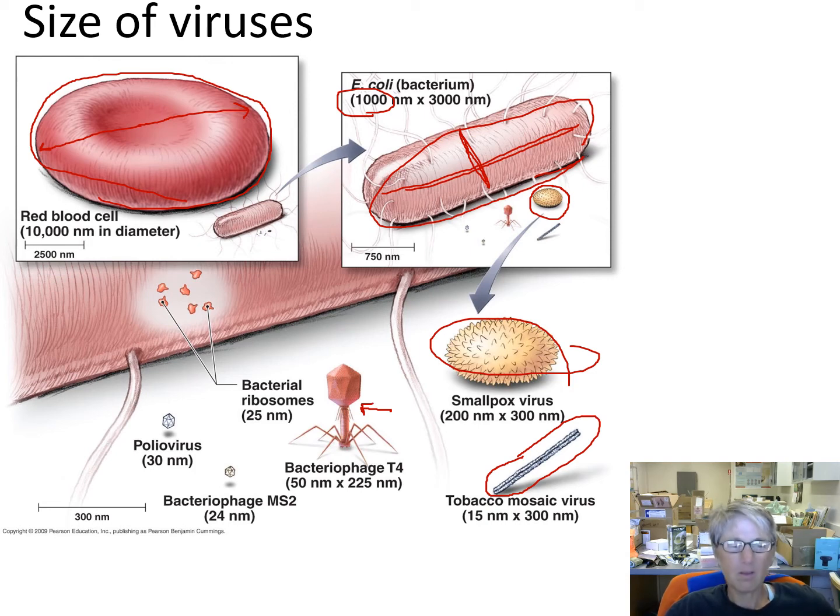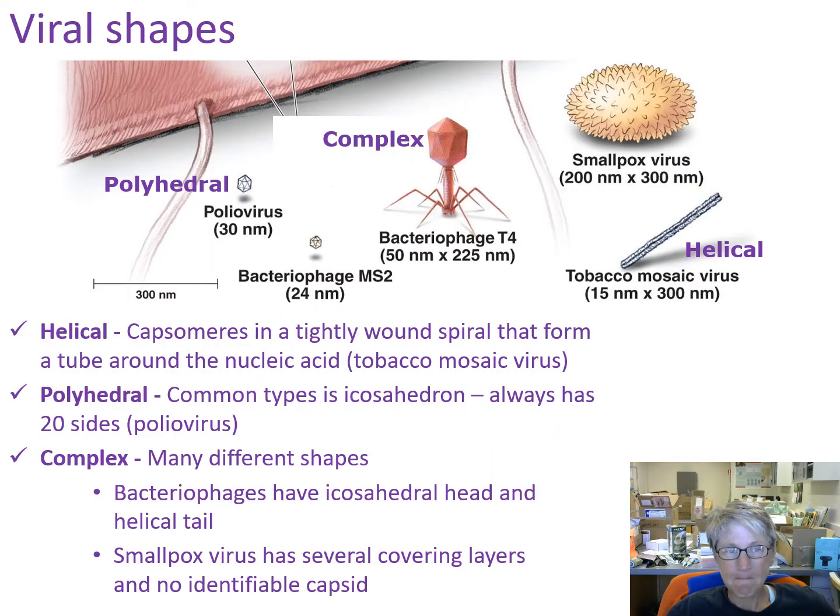And then check out this little guy, bacteriophage MS2. Look how tiny it is, 24 nanometers. And then the polio virus that causes polio is about 30 nanometers. So our eukaryotic cells are really big compared to bacterial cells and viruses.